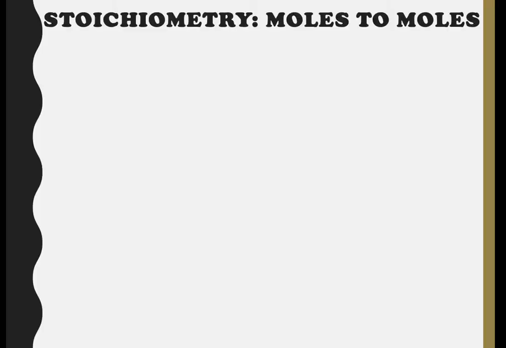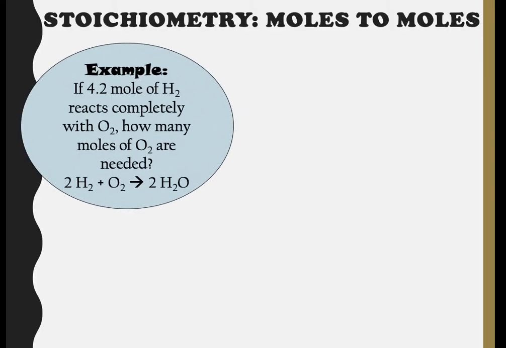So let's look at an example, a simple example of going from moles to moles. So here I'm giving you 4.2 moles of hydrogen, and I want you to calculate how much oxygen is needed. So I'm converting from one compound, hydrogen, to a totally different compound in oxygen. So I'm going to need the mole ratio.